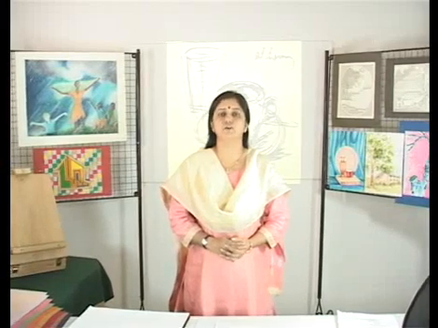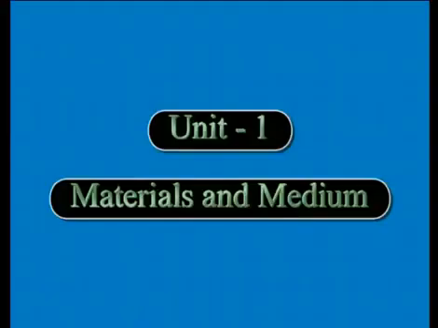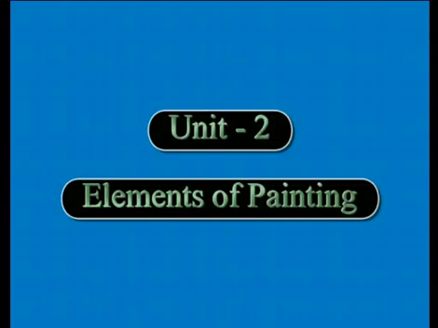This subject has been divided into 5 units. In the first unit, we will learn about materials and medium used for still life painting. In the second, we will learn the different elements of painting.